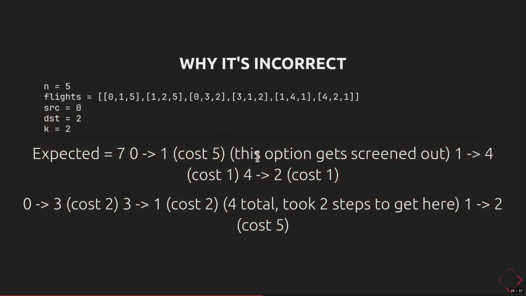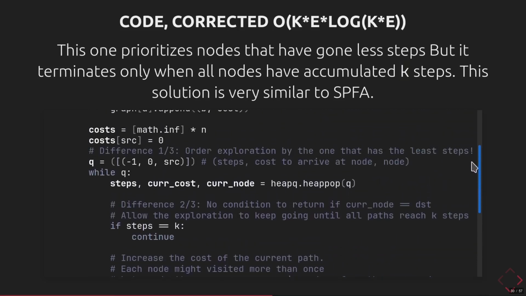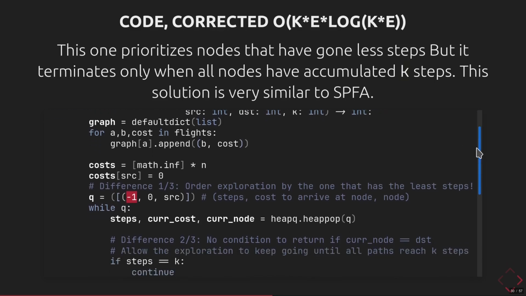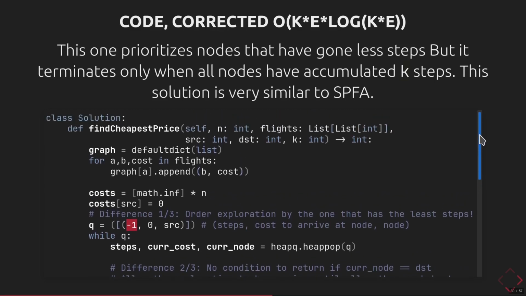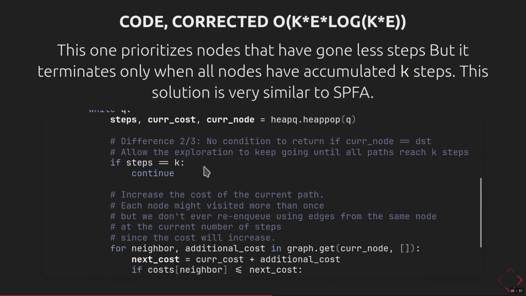This is the example. I don't have my picture from Freda exported yet into the slides. But here is a fix for it. Basically, there's going to be a few differences, I'll note. We can prioritize on the number of steps. Basically, the ones that have gone less steps in the queue get prioritized first. And this solution is actually very similar to SPFA, okay?